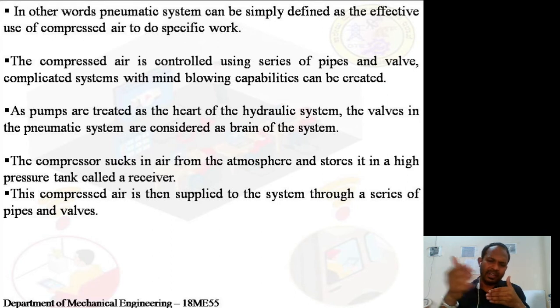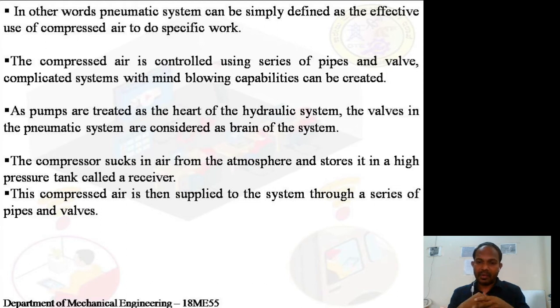When it is sucking the air from the atmosphere, there will be a filter, which we will discuss when we talk about the different components of pneumatic systems. And then it stores it in a high pressure tank called a receiver. A receiver is mandatory, in which it will be storing the compressed air.